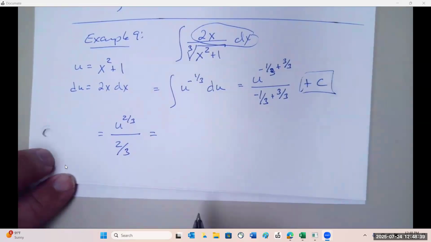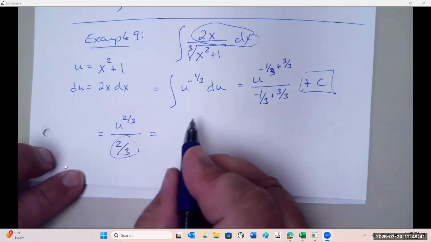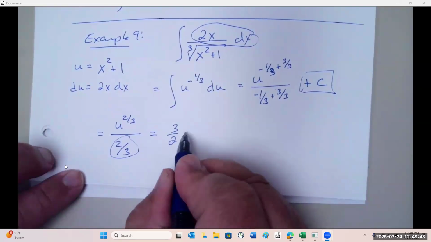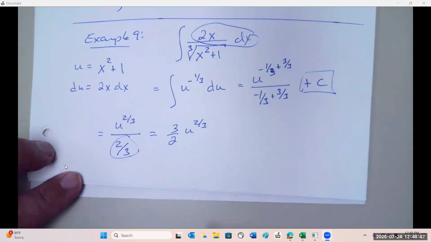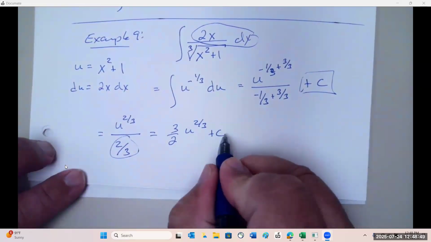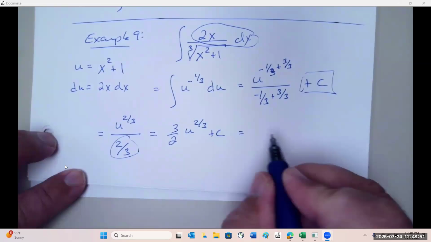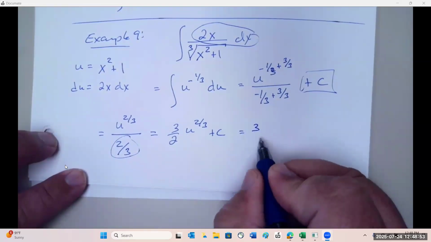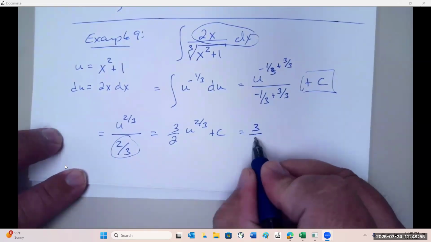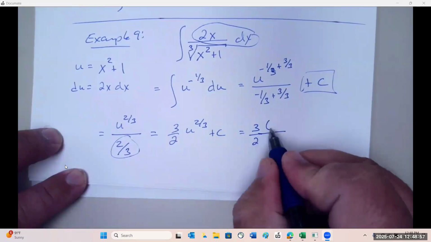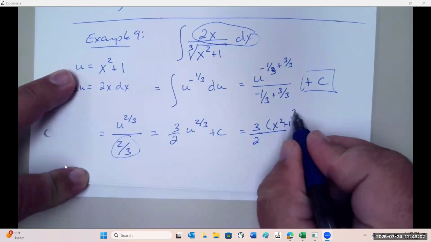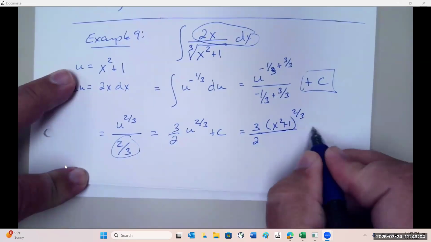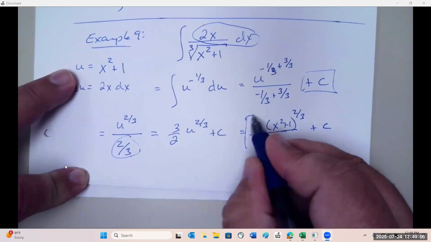We'll worry about plus c later. Take the reciprocal of the bottom, so it's 3/2 u to the power 2/3. Three over 2, x squared plus 1 to the power 2/3, plus c. And there's your answer.